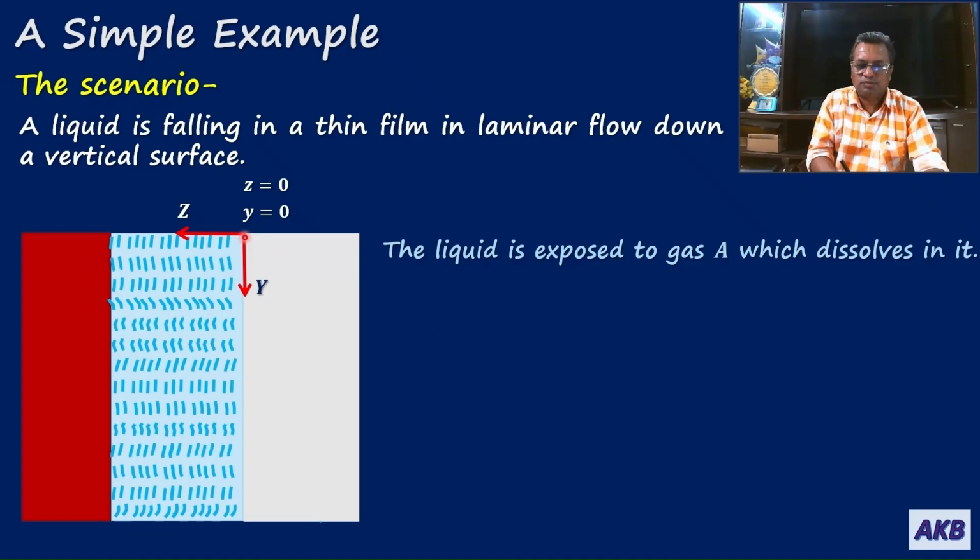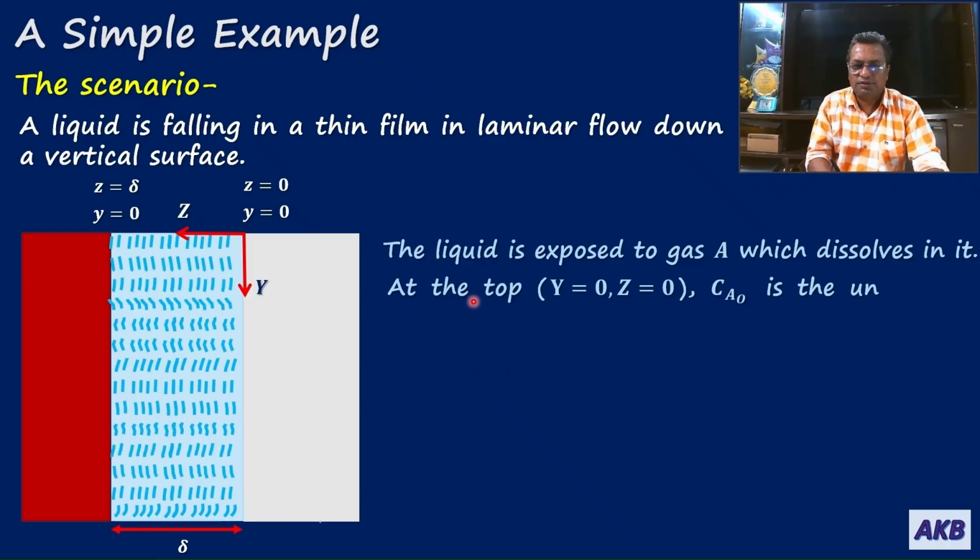At this point, you have Z equal to 0, Y equal to 0, whereas at the other end of the film, Z is equal to delta. That means the thickness of the liquid film is delta.